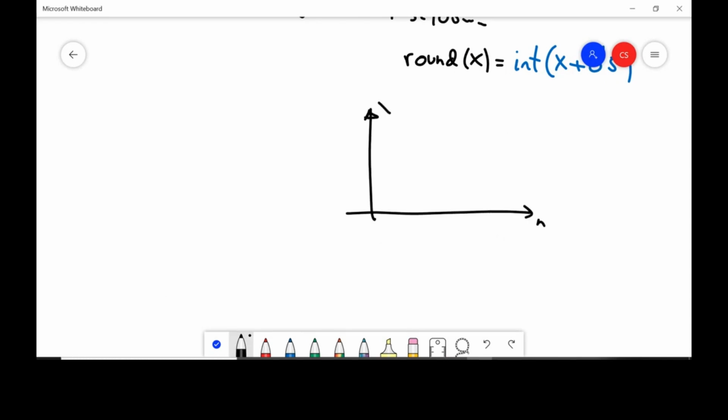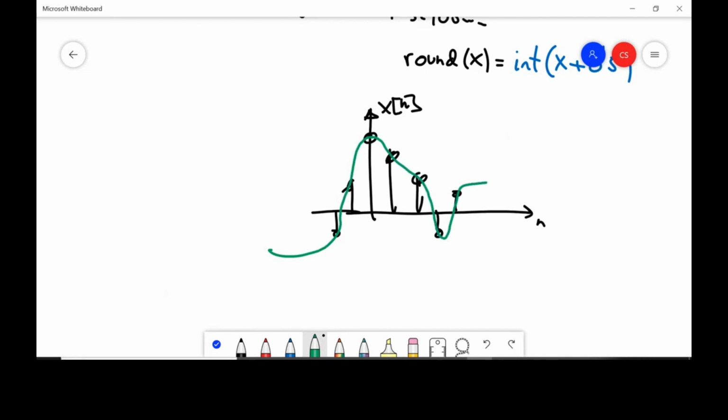So let's say that I have x of n. I have my samples here, but my samples are coming from a function. My function, let's say, is this one. That is smooth, but whatever.